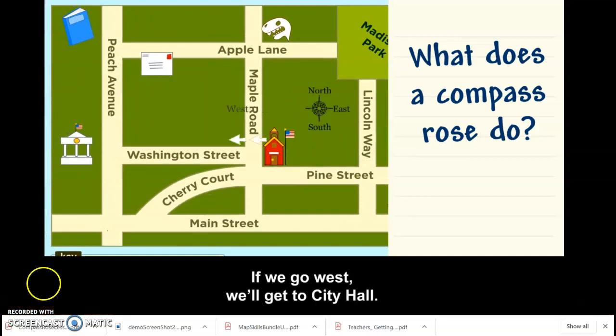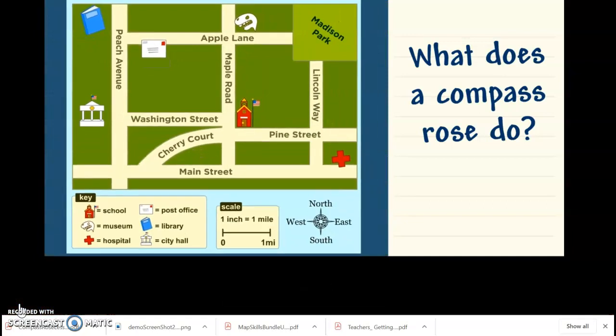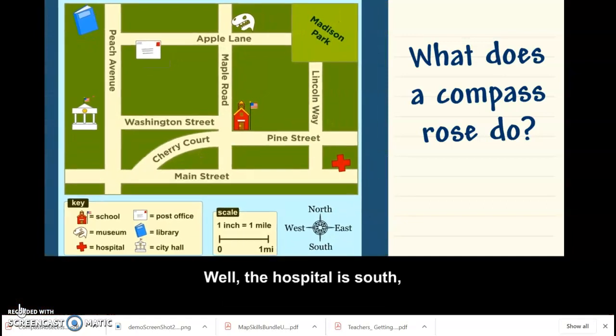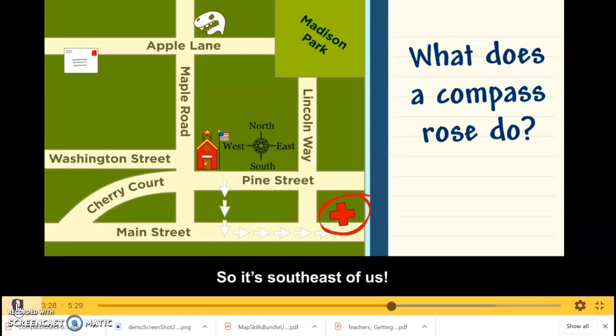If we go west, we'll get to City Hall. Well, the hospital is south, but it's also east, so it's southeast of us. Sometimes you have to go more than one direction. You might need to go down a little bit, which is south, and then over this way, which is east.